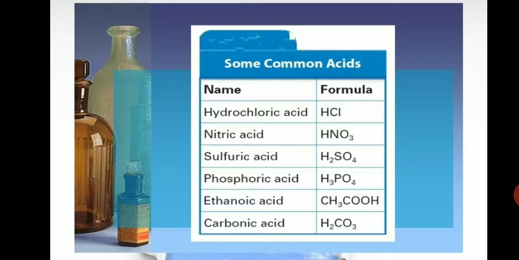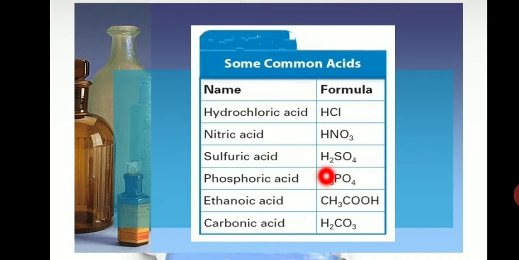All of them have at least one or more hydrogen in their formula. Have you observed that all the acids contain one or more hydrogen in their formula? In the case of hydrochloric acid, it contains 1.